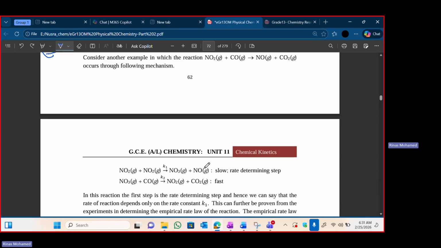And they are telling you that this is a slower step than the second one. Since it is the slower step, that means it is the RDS.